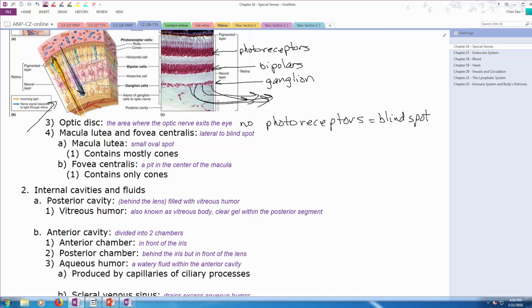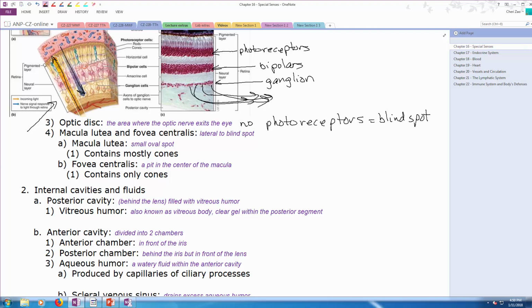Macula lutea, macula is Latin for spot, and lutea is yellow. And so as you take a look at a living eye, there's this yellow spot that you see, and the yellow spot is straight back. So the macula lutea is literally, as you take a look at somebody's eye, straight back.